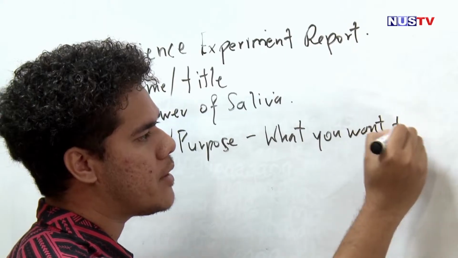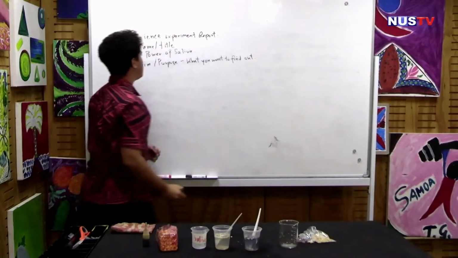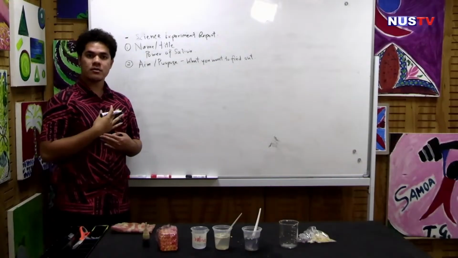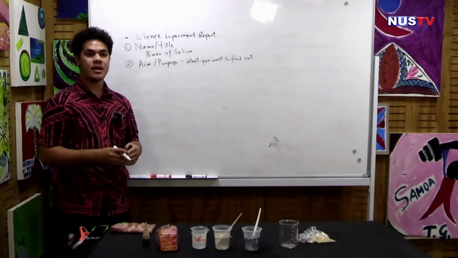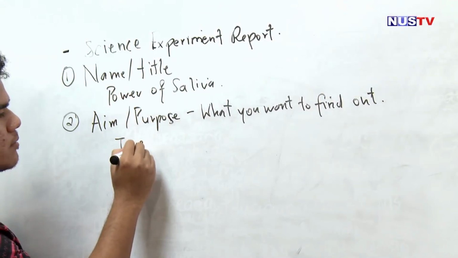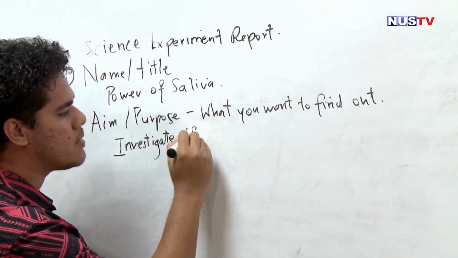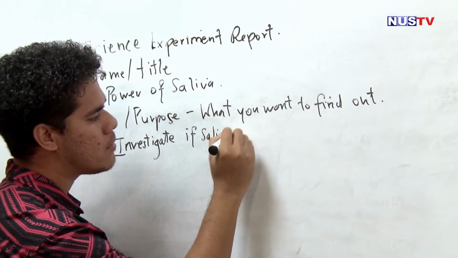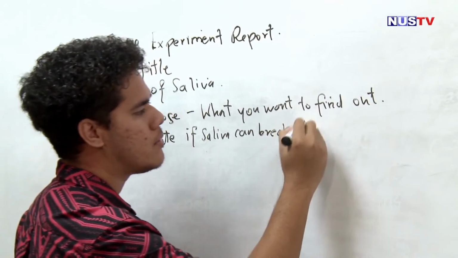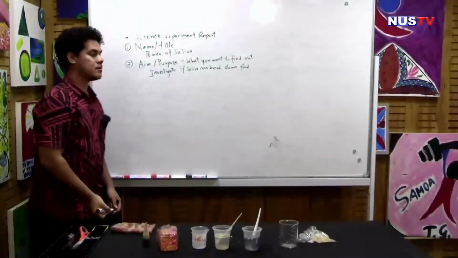For example, we can say something like, I want to find out how saliva breaks down starch. Or we can say, to investigate if saliva can break down food.